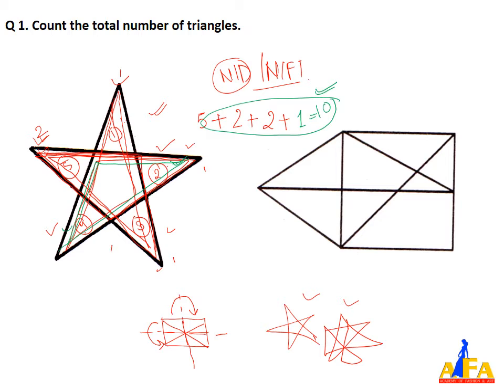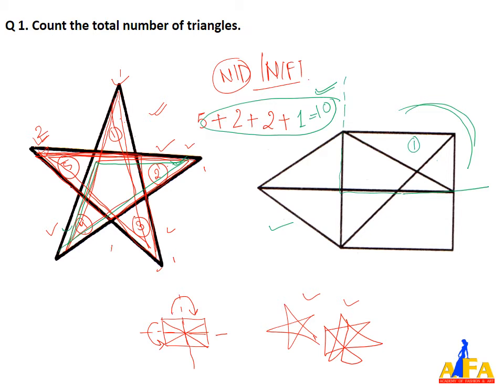Now if we see this question, this is also an unsymmetrical one. We cannot divide it along a horizontal or vertical axis, so we should start calculating by dividing it into different figures. We start calculating the triangles only in this part.